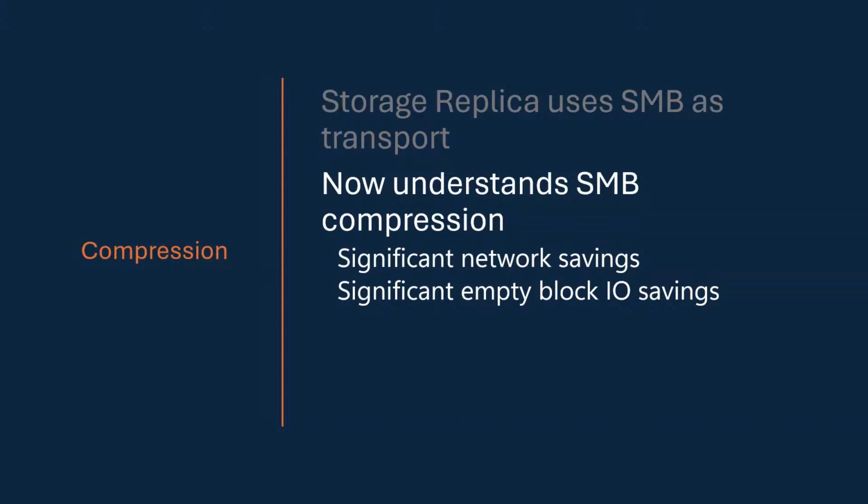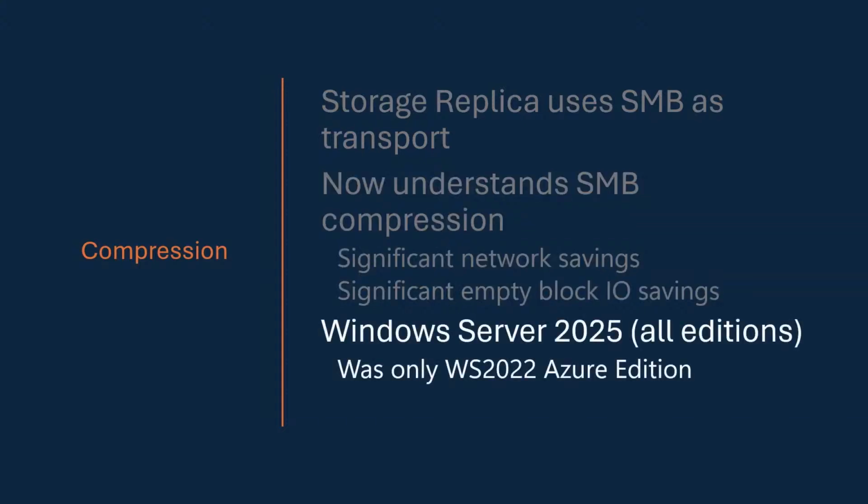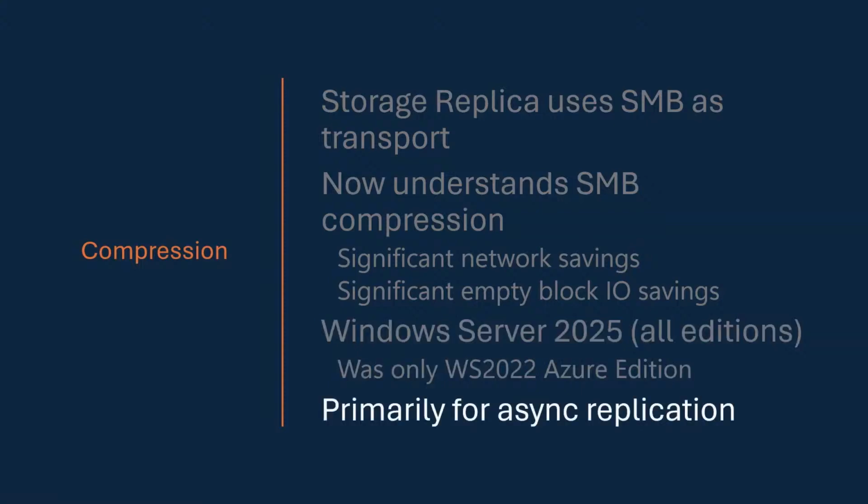So on a crappier network, on a highly congested network, you can see real significant savings. And this is now in Server 2025 in all of its editions. It was actually shipped in 2022, but only in Azure Edition, so you may not have been aware that this functionality was there. Now it's available for everybody, for all things. And it's primarily for asynchronous replication. Obviously, SR does synchronous and asynchronous.